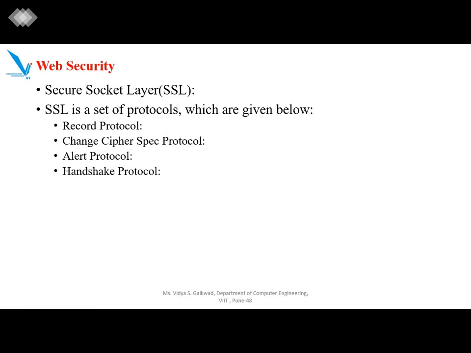This protocol is responsible for establishing an SSL connection. To establish the connection for the first time, it uses record protocol to exchange the messages between the server and the client. So there are three protocols: handshake protocol, change cipher spec protocol, and alert protocol.